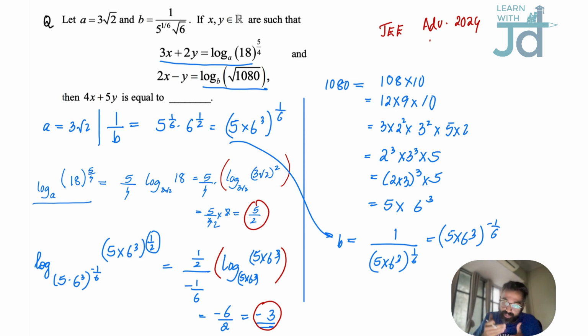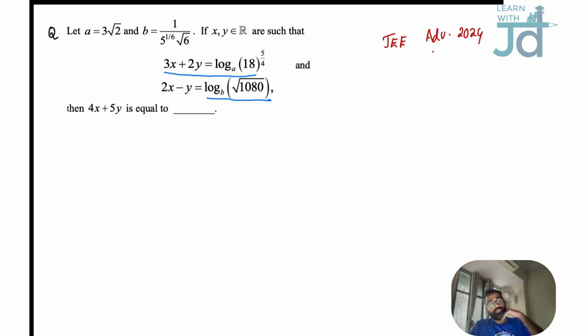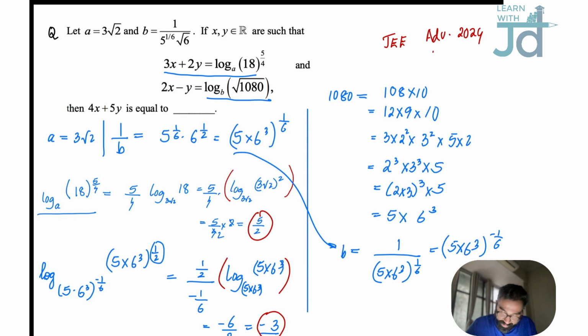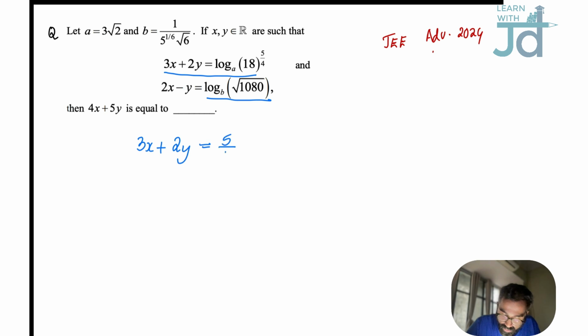Okay, so now we will write these two equations in a better format, and then we have to solve for 4x plus 5y. So now we have got the values, so let us solve for it. 3x plus 2y is equal to 5 by 2 and 2x minus y is equal to minus 3.